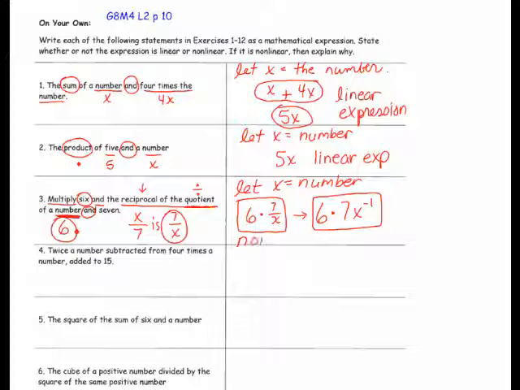This would actually be nonlinear because your exponent is other than 1. When you have a negative exponent, it will be a nonlinear expression. Pause the video and complete problem 4.